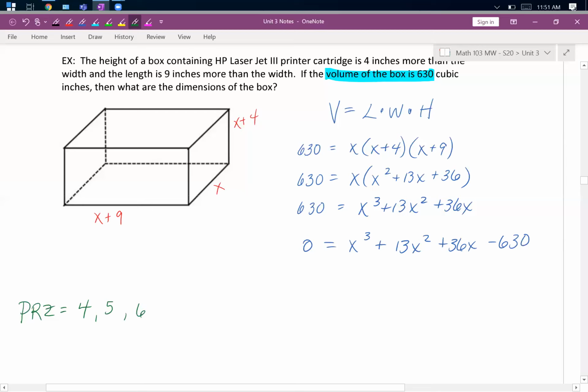Those kinds of numbers. All right, so let's start with 4 and divide and see what happens. Why don't you guys do some synthetic division there?